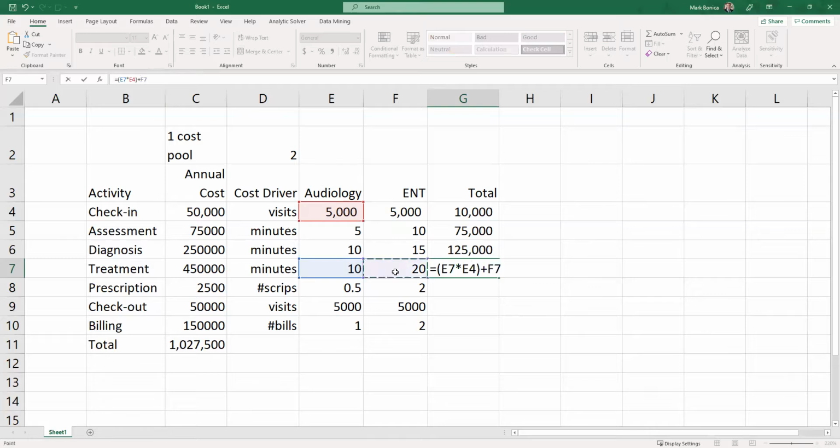Plus 20 times 5,000. Again, forgetting my parentheses. It should work because order of operations would make it work, but I'm going to put parentheses in there just to make it really obvious. So 10 times 5,000 is 50,000. 20 times 5,000 is 100,000. We're going to have 150,000 here.